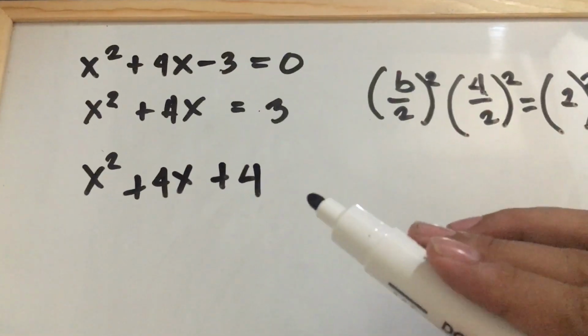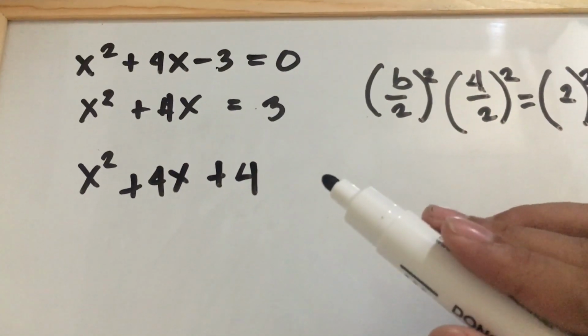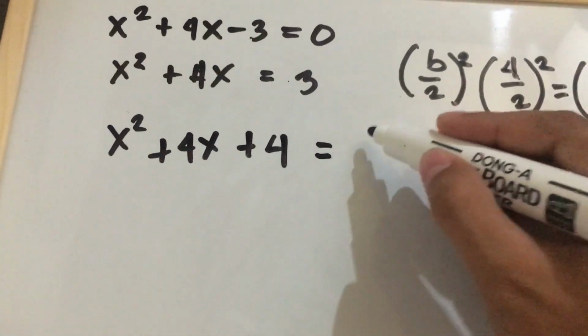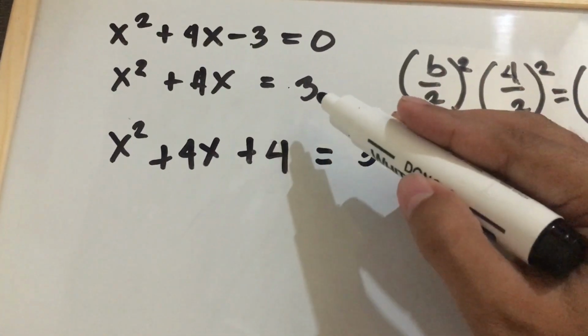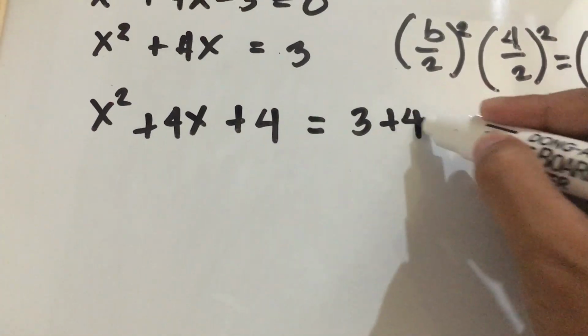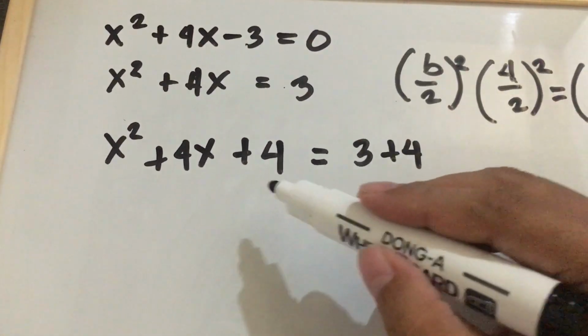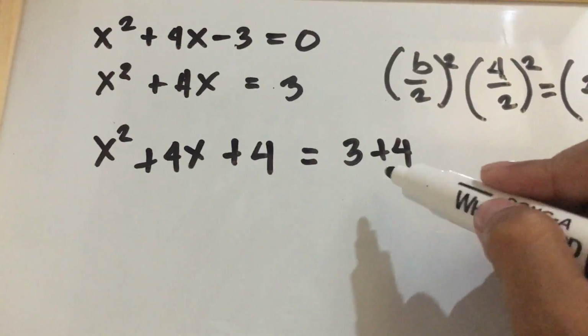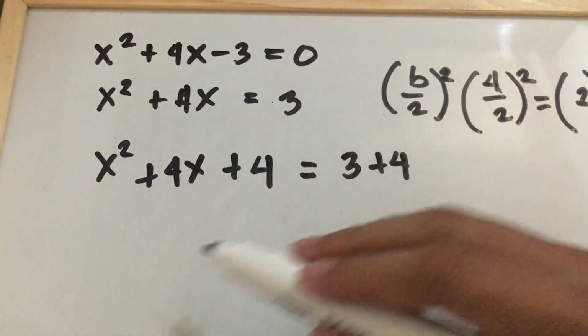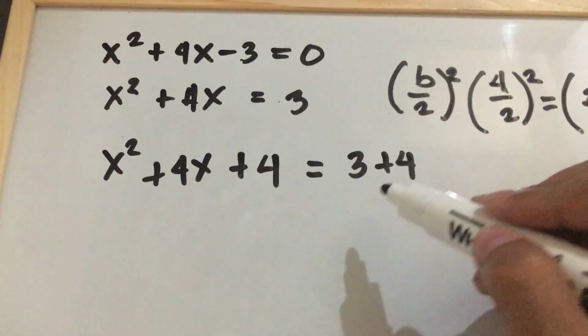We add it to complete the square, to make it a perfect square. Equals 3, we just copy the 3, and then plus 4. So if you add 4 on the left, you also add 4 on the right. That is the rule of equality in math.